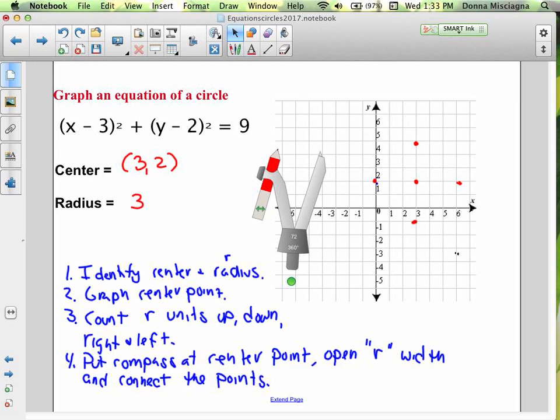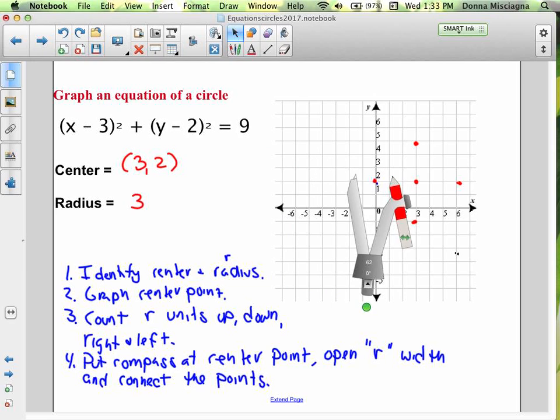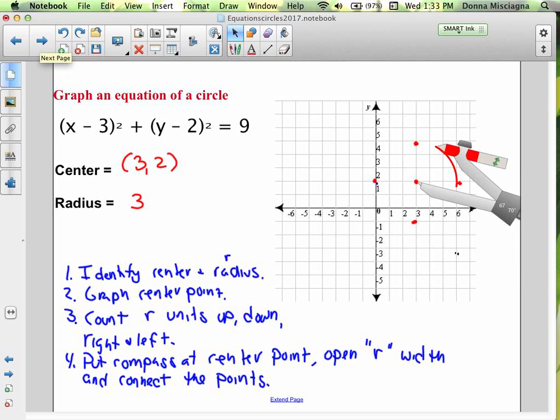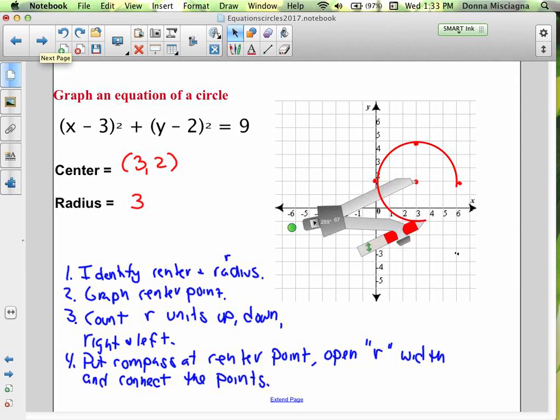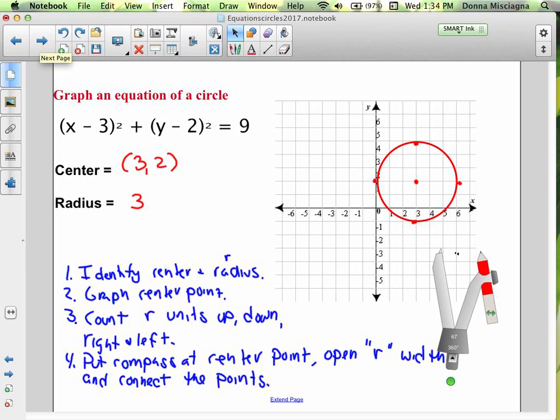And then you just take your compass, put it at the center. There it goes. And you'll open it. It's the same width as r. I think that's a little too far because I think my point's just a little in the wrong spot. And that looks good. And then just connect your points. And that's it. And you've graphed the circle.